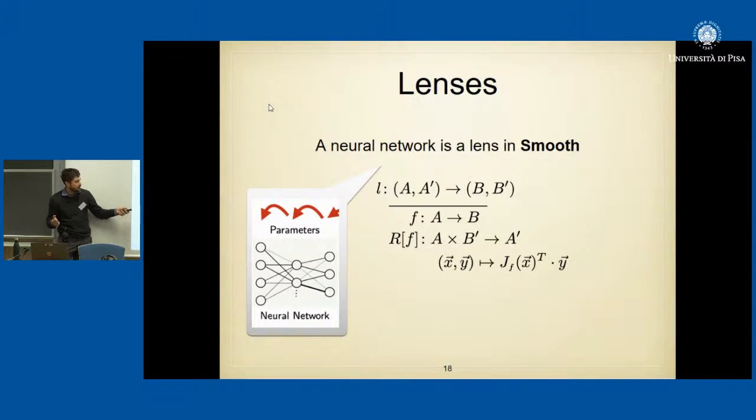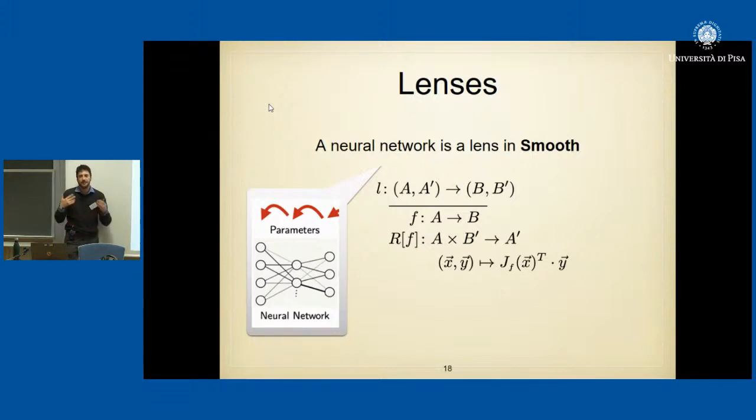And this reverse derivative of f, the type is the following. It takes inputs in A, it takes a change in the outputs, and it gives me a change in the input. So now you see why I use this prime notation. How is this change in the input computed? Well, it's going to be a linear approximation of what it takes to my original x in order for f of that x to be the original f of x changed by the b prime.